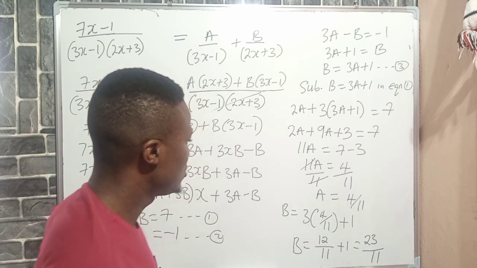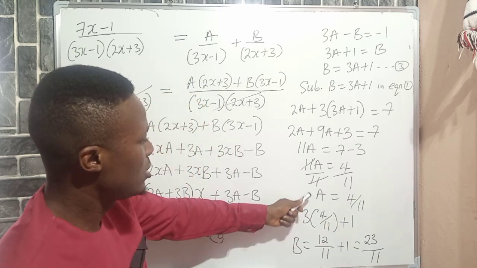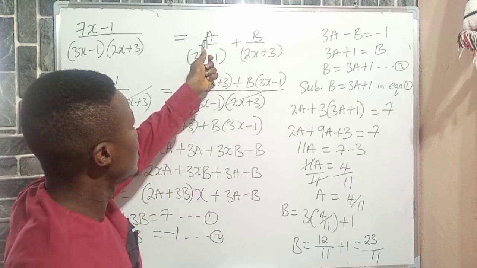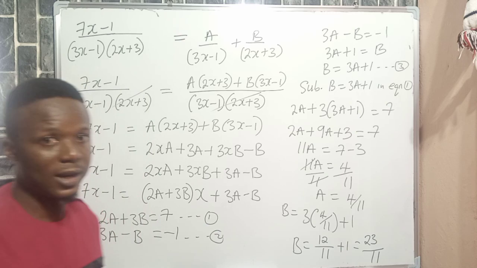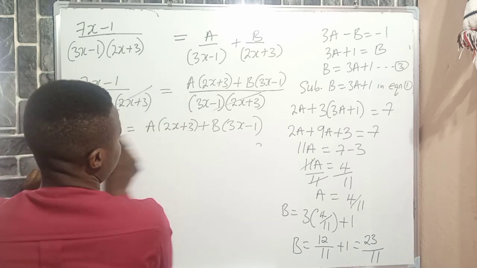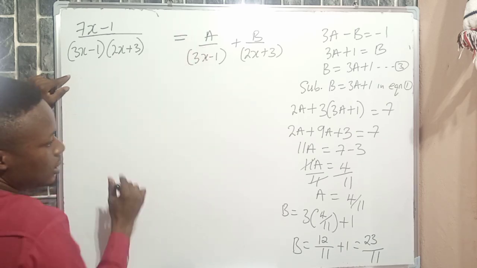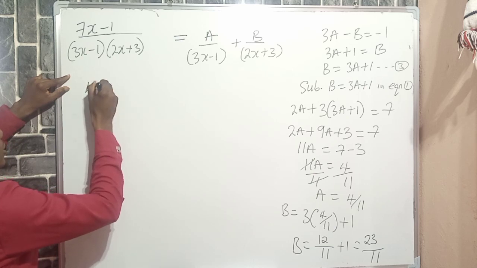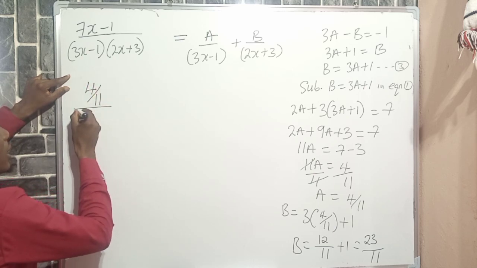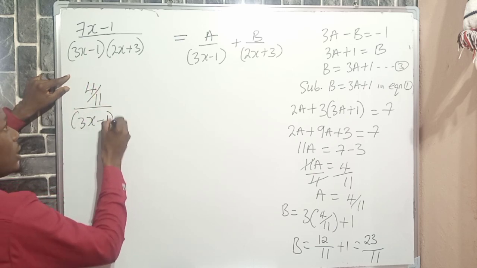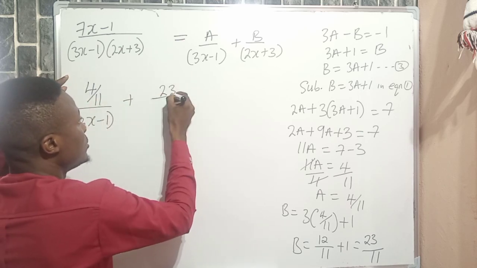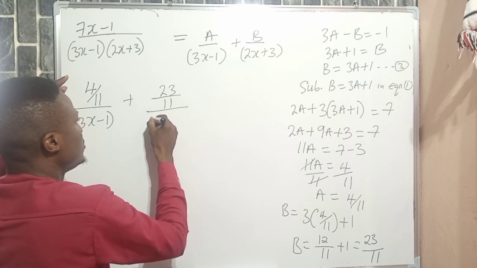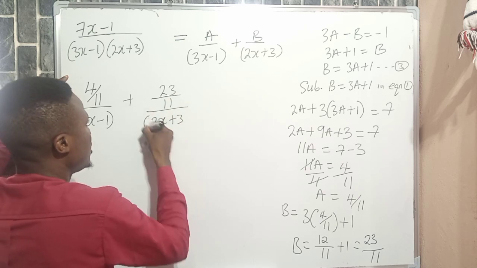So what we have to do now is to use the values of A and B to substitute back into this original expression to get the required partial fraction. Seeing that A is 4 over 11, I'll write 4 over 11 divided by 3x minus 1, plus, seeing B is 23 over 11, then all over 2x plus 3.